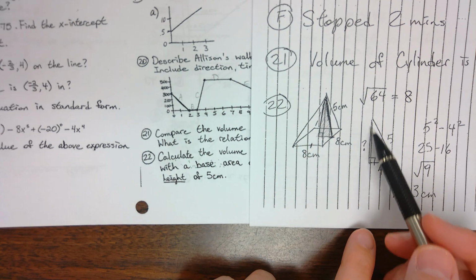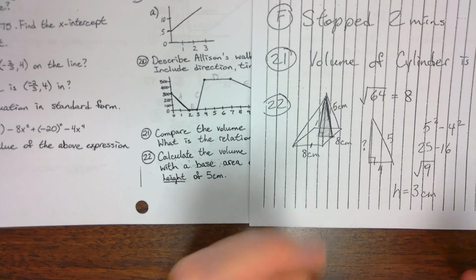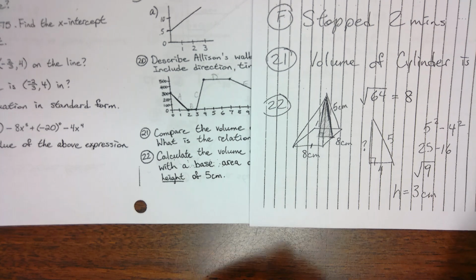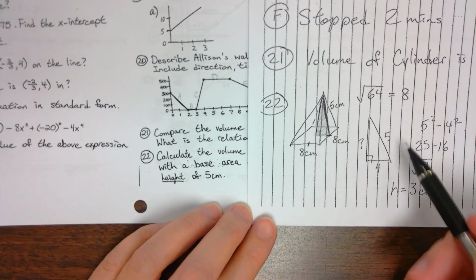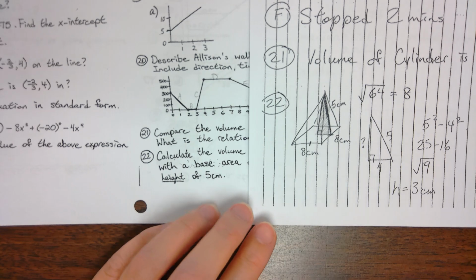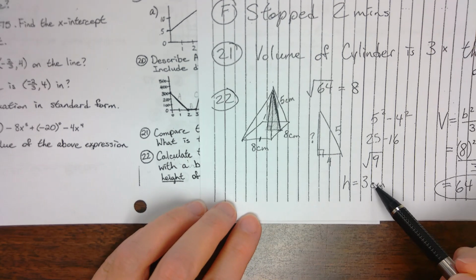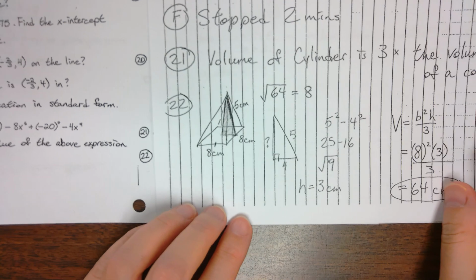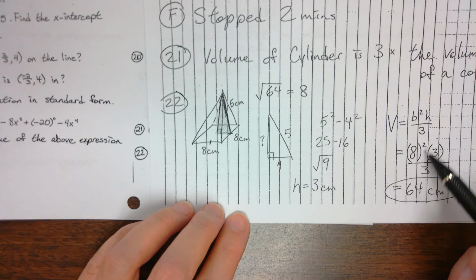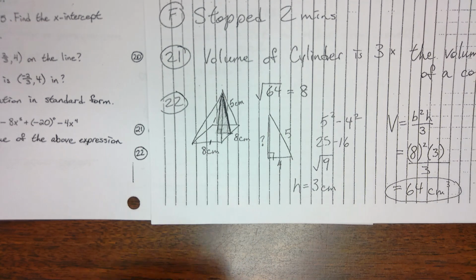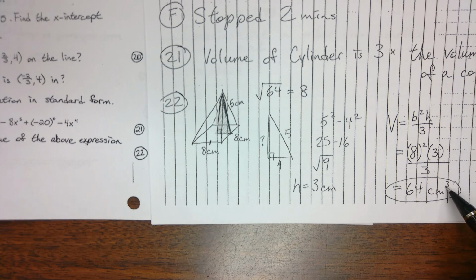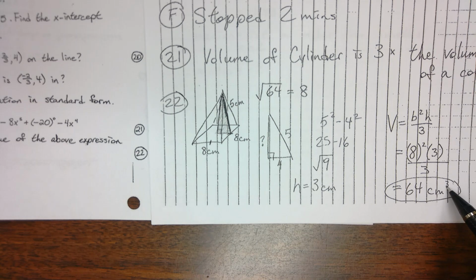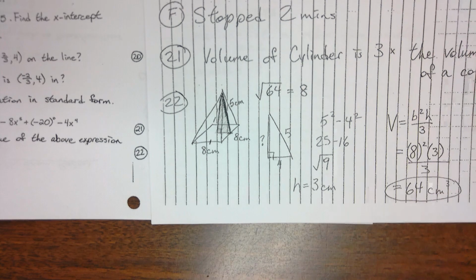So this is a multi-step question. When you do this Pythagorean theorem, you'll find that it's 3. So then when you substitute it into the volume formula, you'll get 64 centimeter cube. Remember volume, cube. Wrong unit, half a mark off.